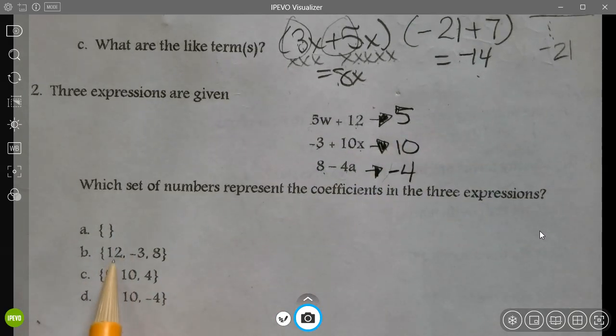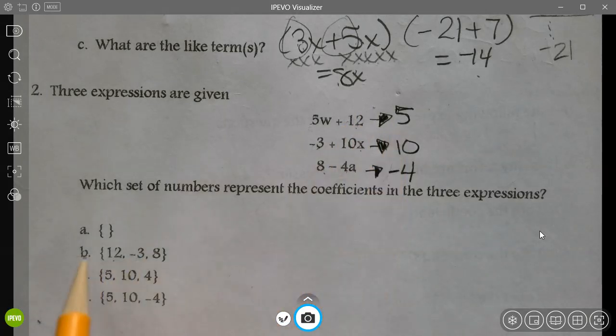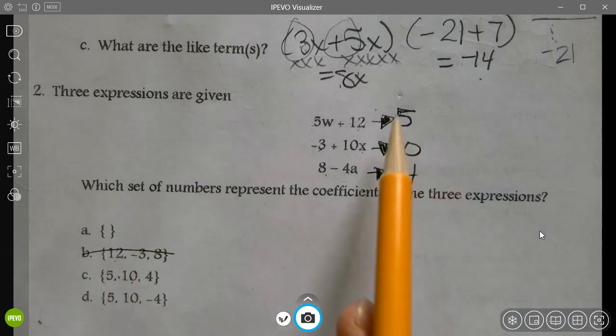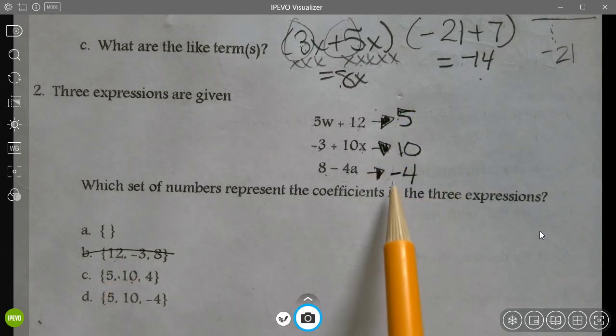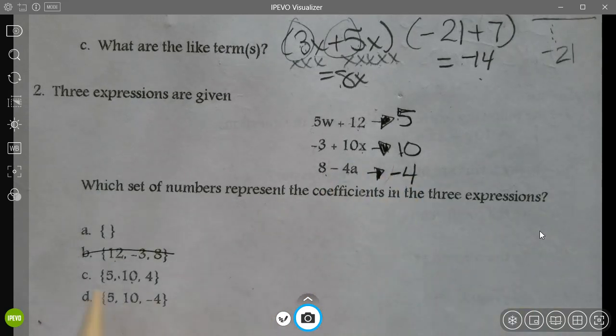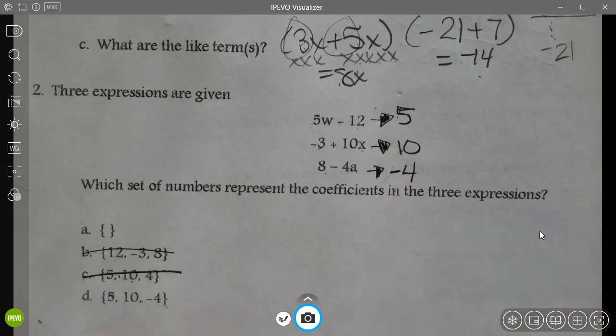This says 12 is a coefficient. No, it's not, because it doesn't have a variable. So automatically I can get rid of that. If one's wrong, it's all wrong. This one says 5, 10, and 4. 5, 10, yes, but that says 4, and we know it's a negative 4. Not it. 5, 10, negative 4. Oh, that's exactly what I got. So D would be my answer.